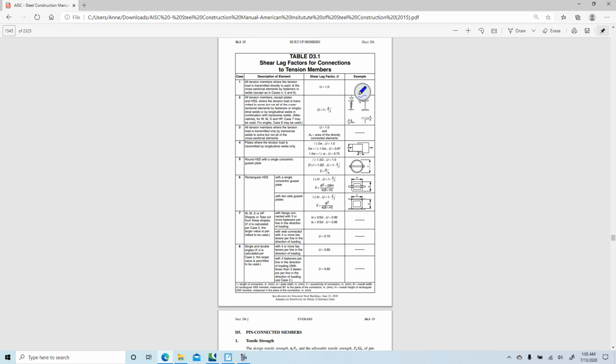Let me just make sure that that's the same thing. Flange connected with 3 or more fasteners in a row.